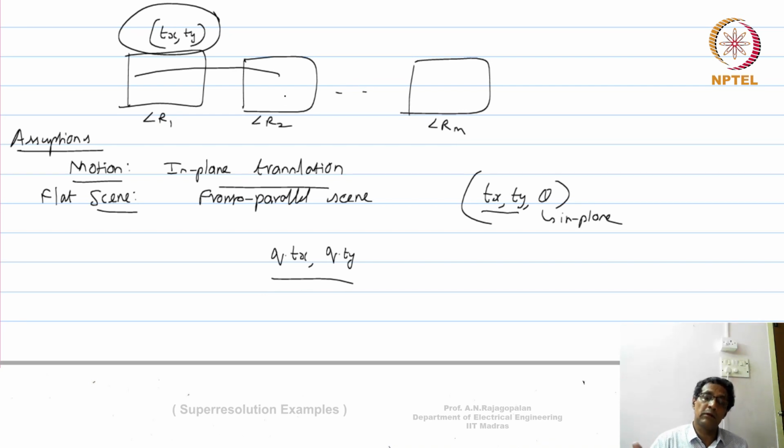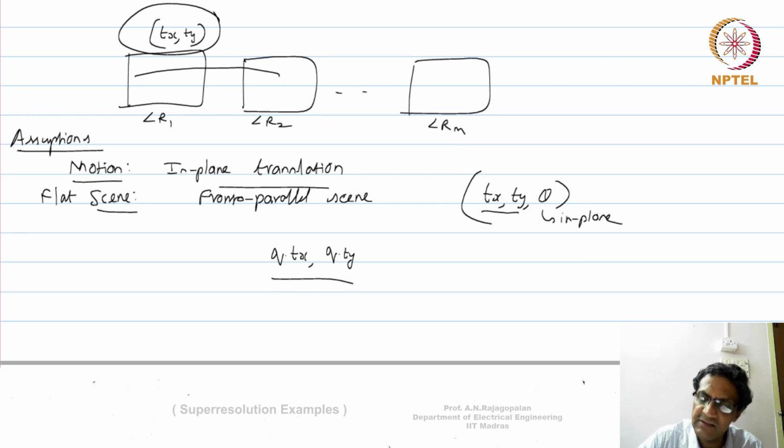Between LR1 and LR2, there is nothing new. That was a pathological case that I mentioned. For super resolution to happen, LR2 cannot be identical to LR1. Therefore, the TX and TY that you actually calculate may not be correct, because these two images are not identical. They are not just shifted versions of each other. And therefore, multiplying by q tx and q ty, you're already making an error in terms of what estimates for the motion you are taking.